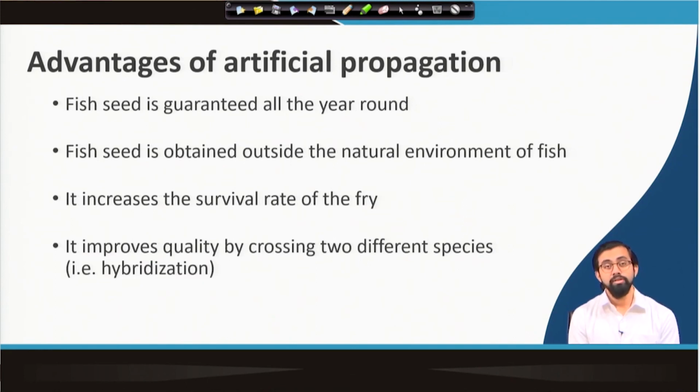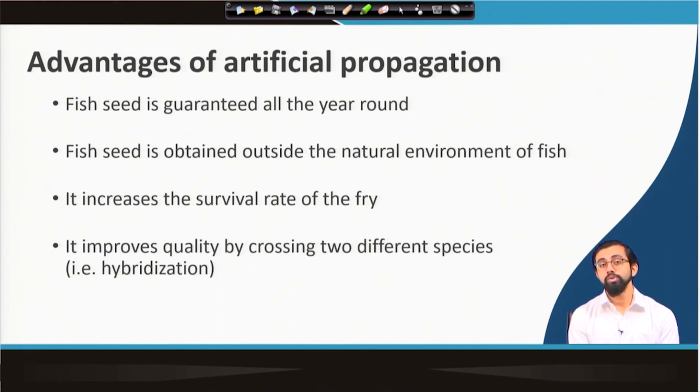In that case, the offspring will have higher body mass ratios, and there are different indexes which we try to target when selecting a brooder fish, which help to have offspring of high quality, according to our desire and the market demand. It increases the survival rate of the fry, whereas in natural conditions they can be infested with different diseases or be fed upon by predators. But in case of artificial propagation, we are trying to have it under close supervision.